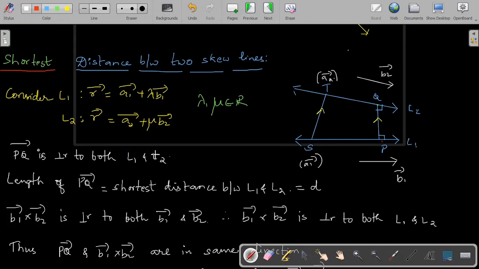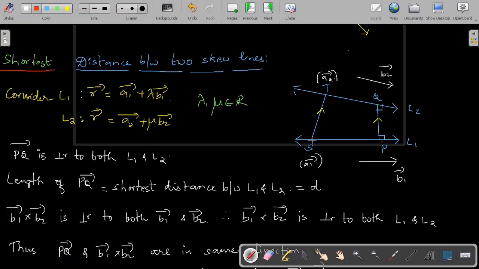So I have considered here two skew lines L1 and L2, represented by the equations r vector is a1 vector plus lambda b1 vector, and r vector equal to a2 vector plus mu times b2 vector. So b1 vector gives the direction of the first line, b2 vector gives the direction of the second line. Now a1 vector is the position vector of a point on the first line.